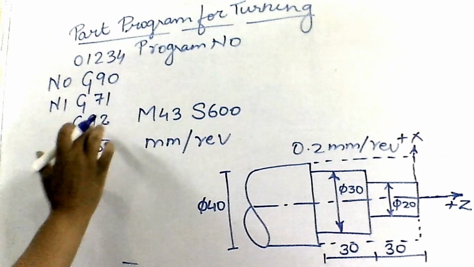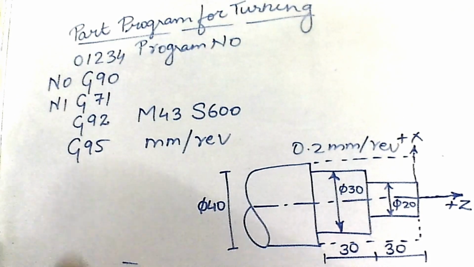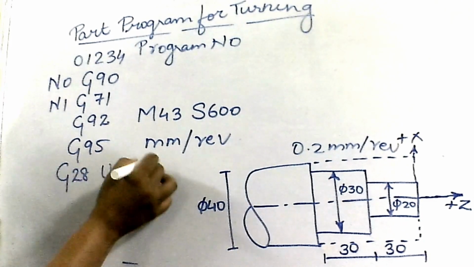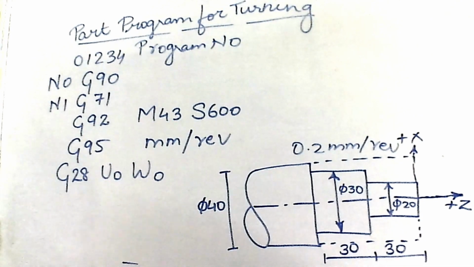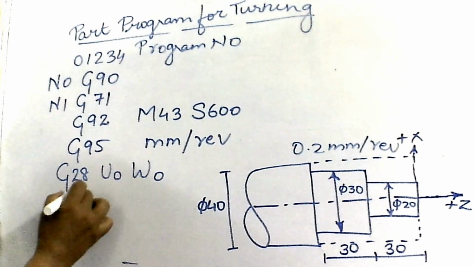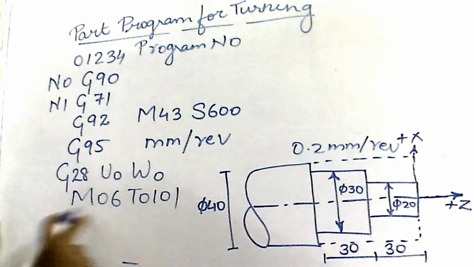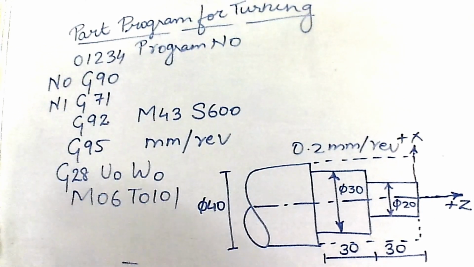So 1, 2, 3, 4, more 4 parameters left. After that, I am going to use G28, U0, W0 which indicates go to home position. Then M06 along with T0101. M06 is automatic tool change and T0101 represents tool number 1 with offset 01.